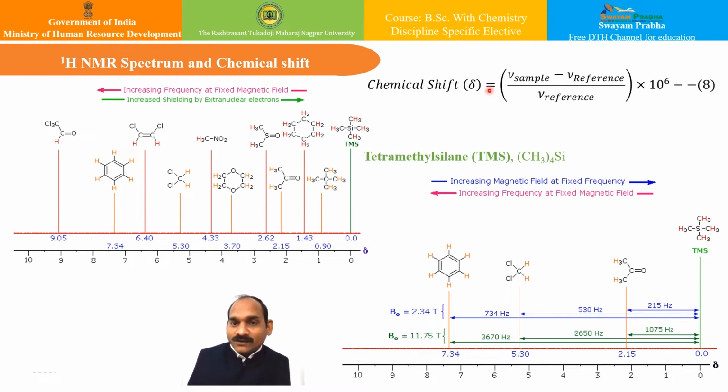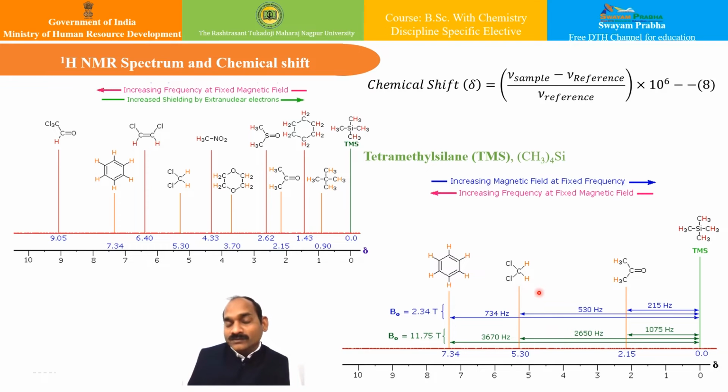So in NMR, this delta will always show the chemical shift which has arisen due to this division, that is hertz upon megahertz of the applied magnetic field, and it will be represented in ppm.